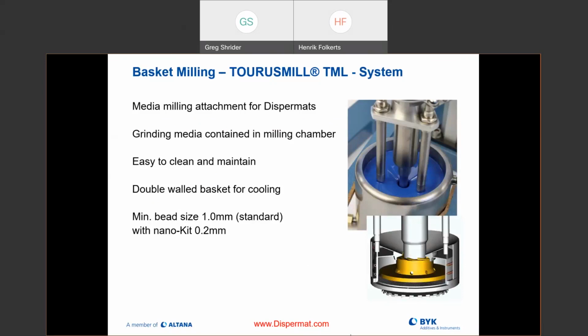So this space inside of my milling chamber gets filled with my beads. My media is in here. The mill base basically gets sucked in. There's a vortex wheel on top that's patented. You can see that right here.